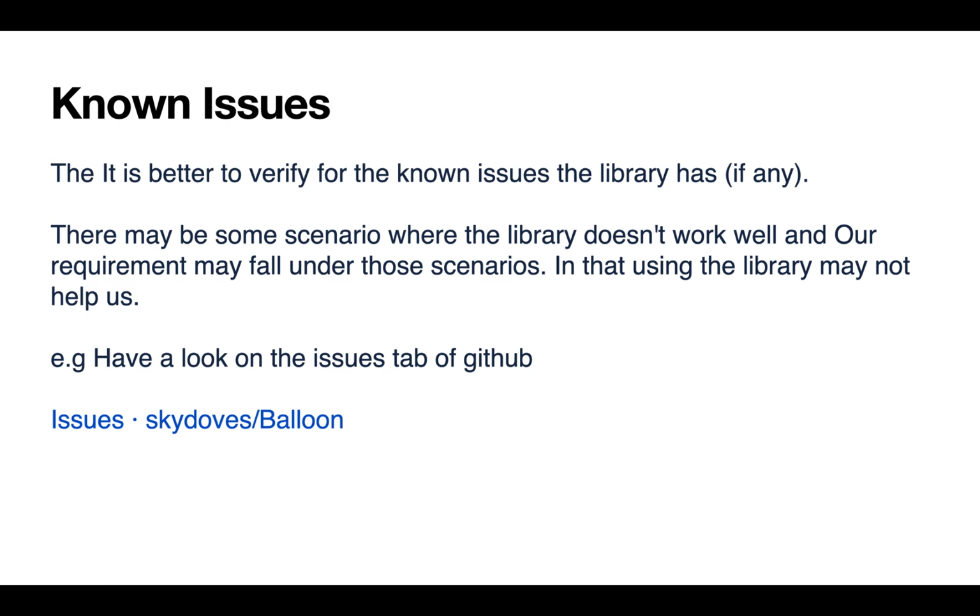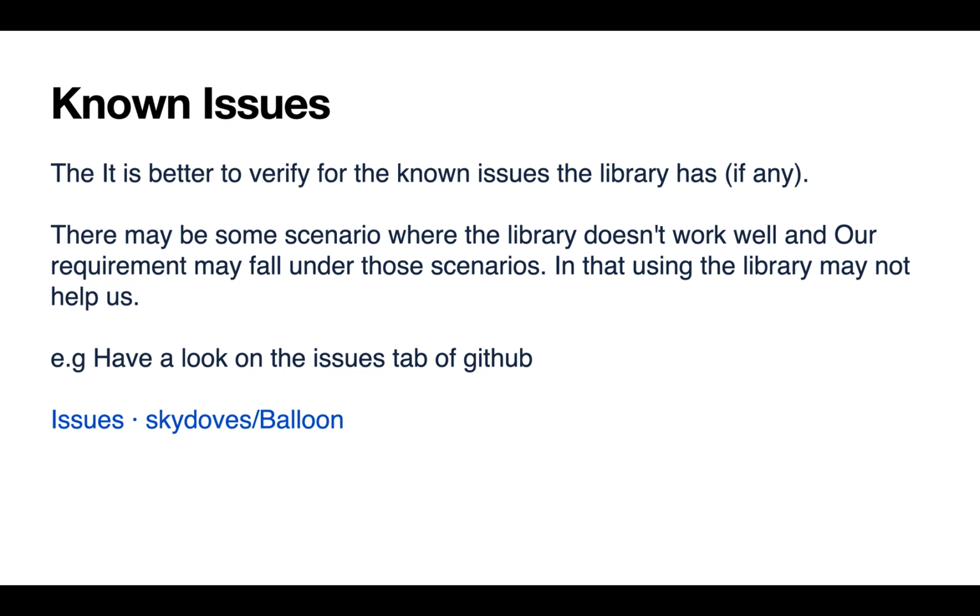It's better to understand the known issues, because there may be some scenario where the library doesn't work well and our requirement may fall under those scenarios. In that case, using the library will not help us.